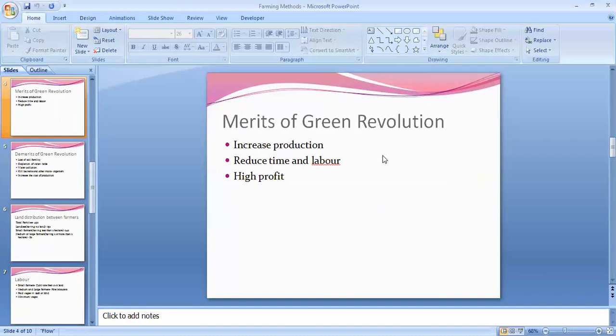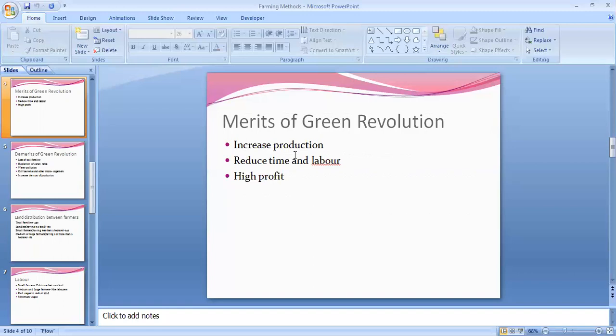First, we are discussing the merits of the Green Revolution. It means the advantages, the benefits of the Green Revolution. The first merit is increased production. Increased production means high yield.